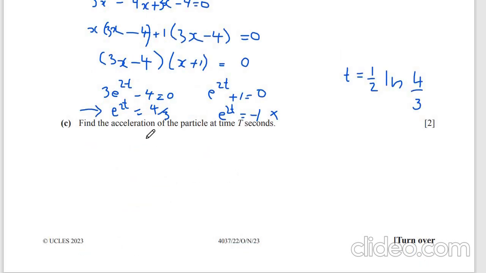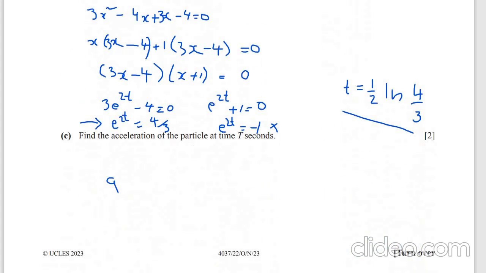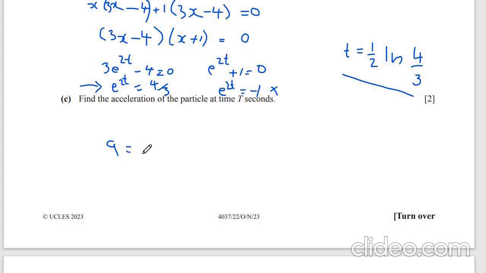Next, we need to find the acceleration at this time t. Well, our acceleration equation was 6e to the power 2t plus 8e to the power negative 2t.